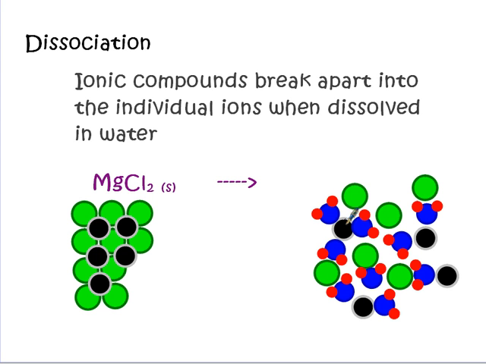That's sort of what happens: the negative ends of the water will actually dissociate, or break apart, these pieces that are part of this crystal lattice. And the attraction between the ions and the water becomes the attraction that holds that solute in solution.